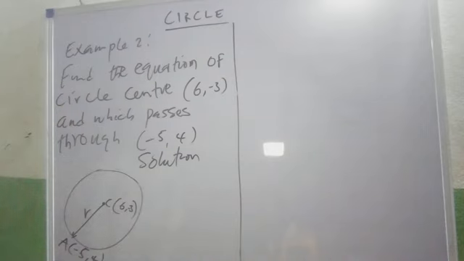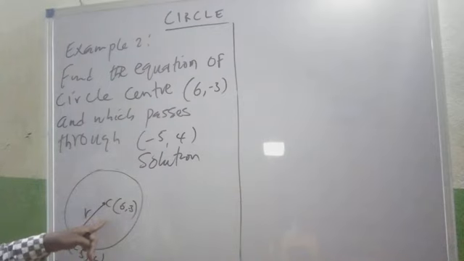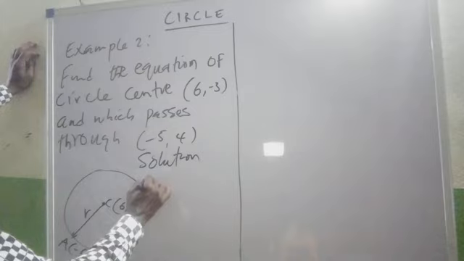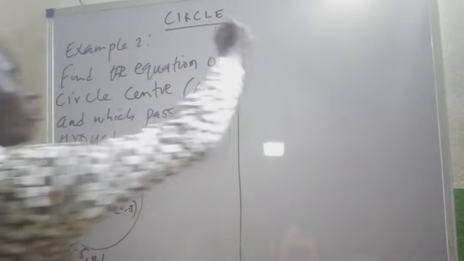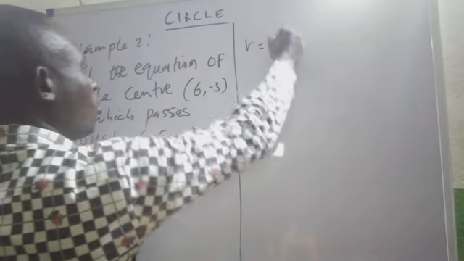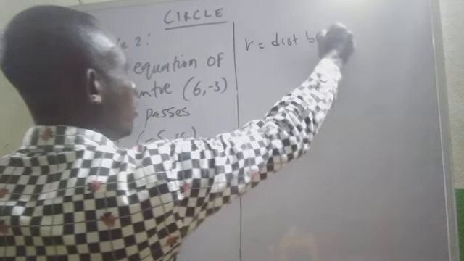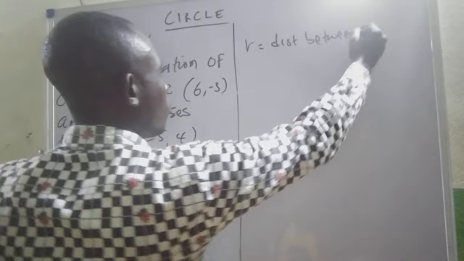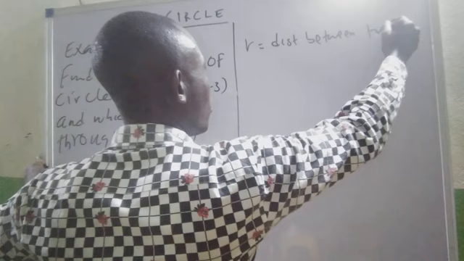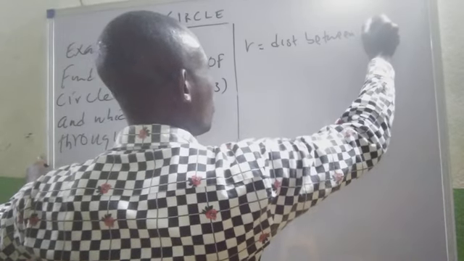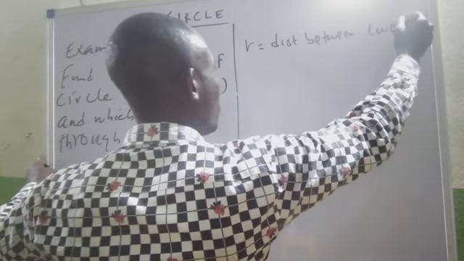Now to obtain the radius, use the distance between 2 points.